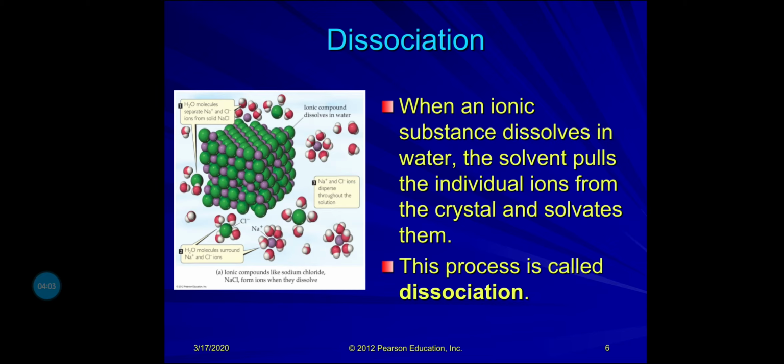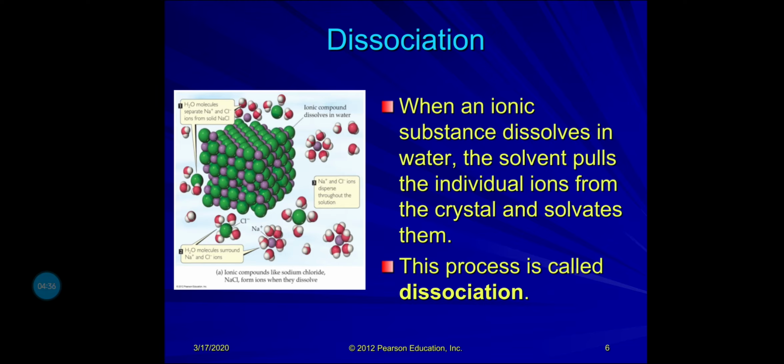Now let us understand what is dissociation. Whenever we dissolve an ionic compound or acids or bases in water, they actually break up into their ions, into their respective charges. And this breaking up, forming cation and anion of those compounds, of those molecules, is called dissociation.